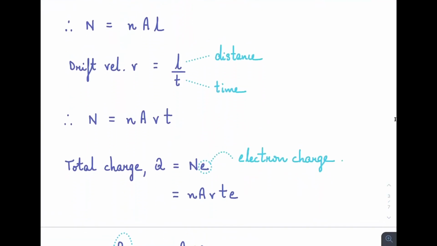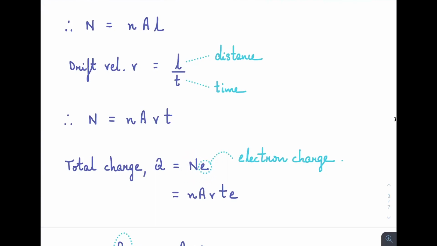If we want to calculate the total charge, capital Q, in this metal sample, we have to multiply the electron charge e by the total number of free electrons. So the total amount of free charge is simply Ne.